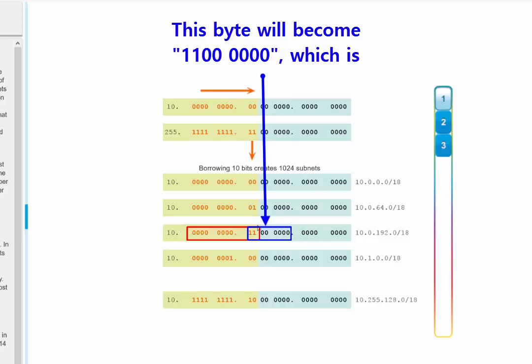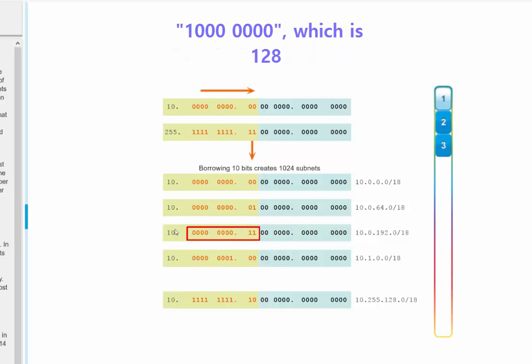Actually, there is one before that, which is 10.0.10 and then all zeros. So 10, this is 128, and then 0, and so on. So this is 11, and we keep doing that for all the 1024 different subnetworks.